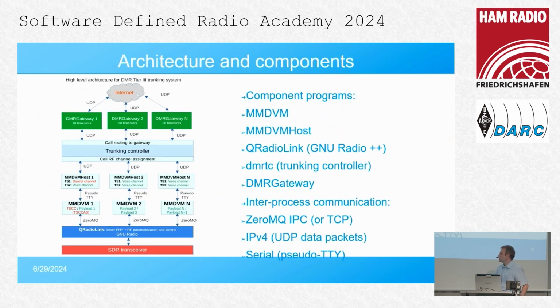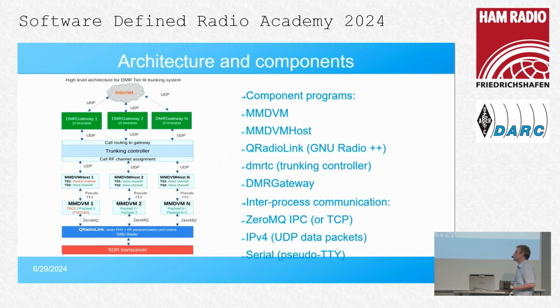Okay, so to the left here, you can see the architecture of the system and the components which are used to create and to implement this system. Starting from the lower physical level and the connection to the SDR transceiver, there's a QRadioLink application. Then, of course, MMDVM, which implements pretty much the same things as for DMR Tier II, and MMDVMHost.